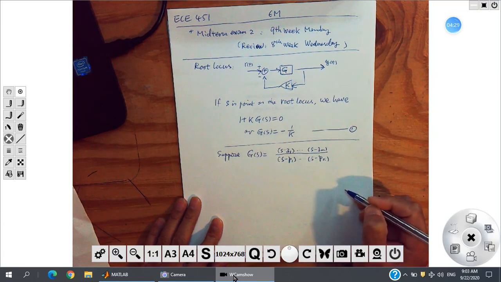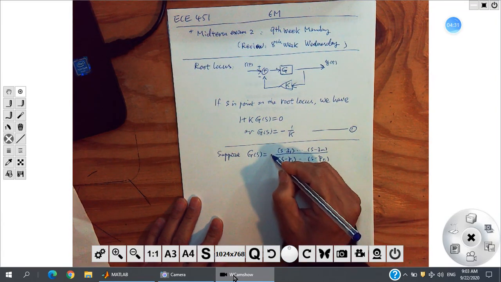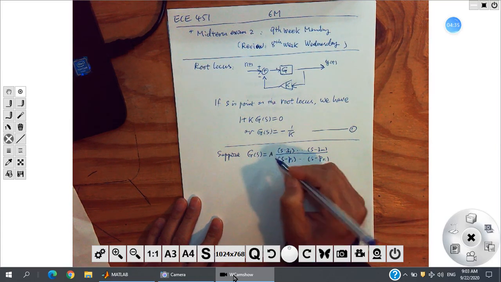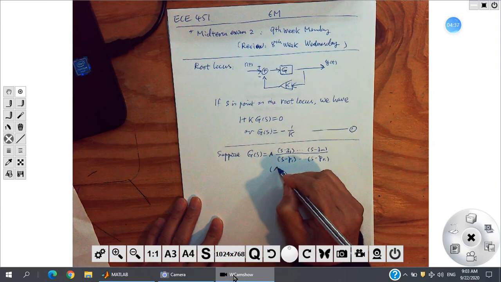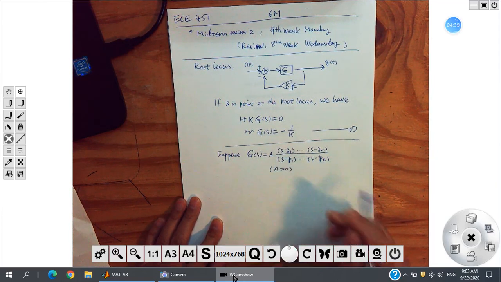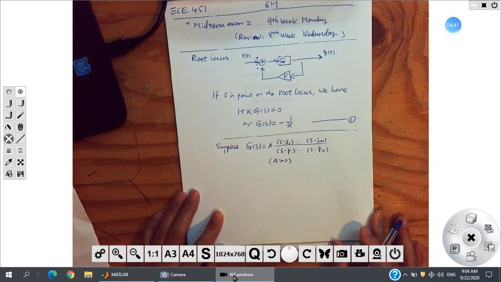All right. And here maybe we have a constant a. In most cases, a is just 1. Here, suppose a is a positive number.